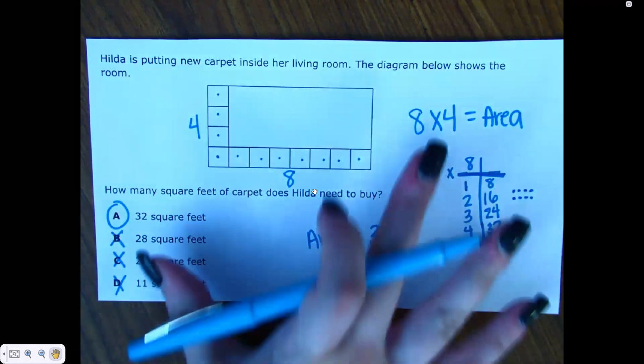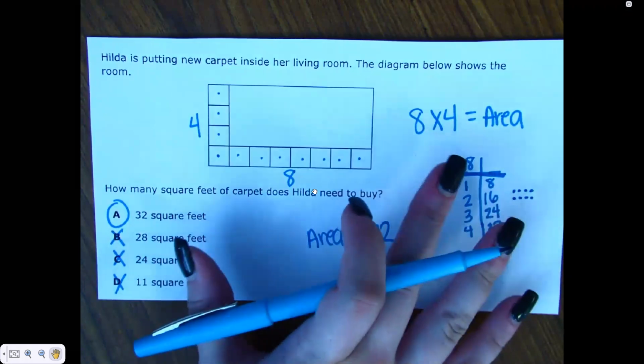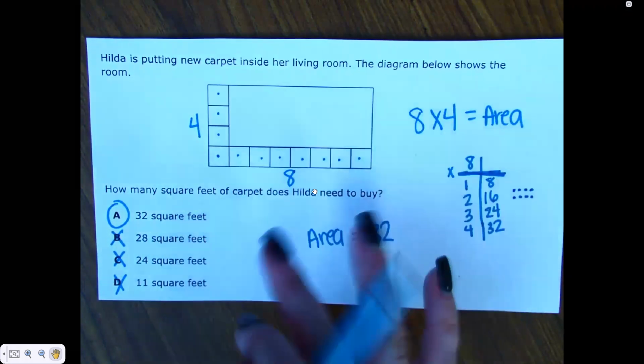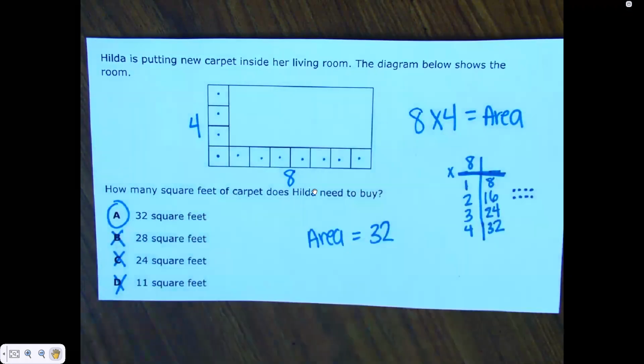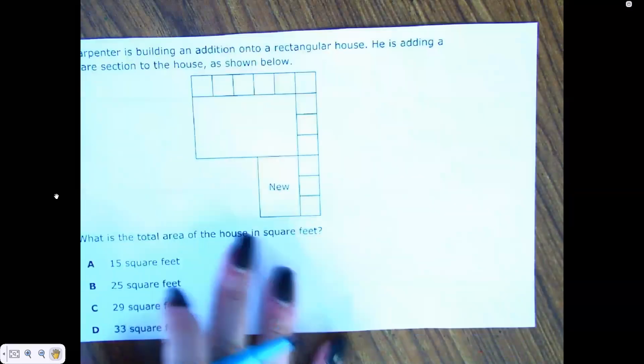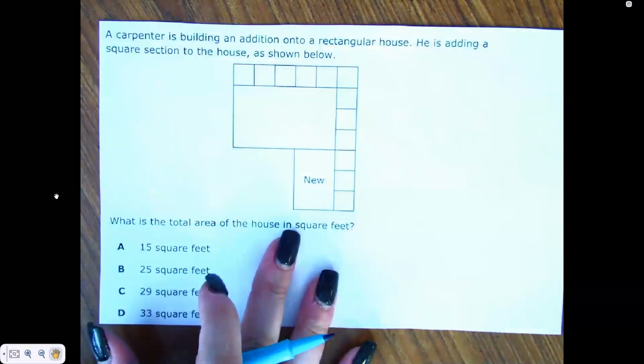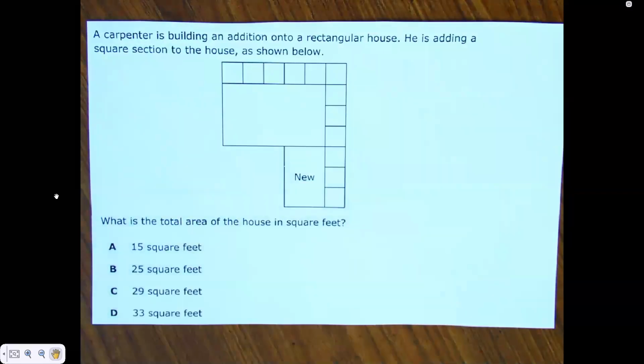Okay. So we're going to now go into our ones that are a little bit harder. The ones where we're going to have 2 rectangles overlapping and we have to figure out the area, kind of the ones we were doing yesterday. All right. This says a carpenter is building an addition onto a rectangular house.